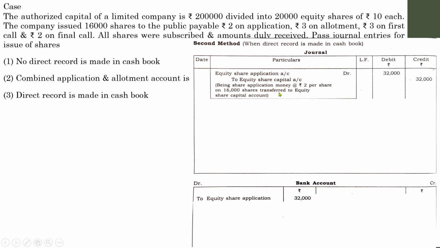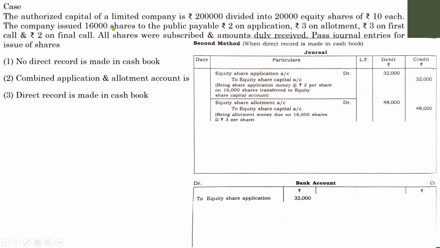Next one, with regard to allotment. For allotment, the first entry will be the due entry, that is equity share allotment account to equity share capital. Allotment is 3. Number of shares is 16,000. 16,000 into 3, 48,000. Its narration is: being allotment money due on 16,000 shares at rupees 3 per share.